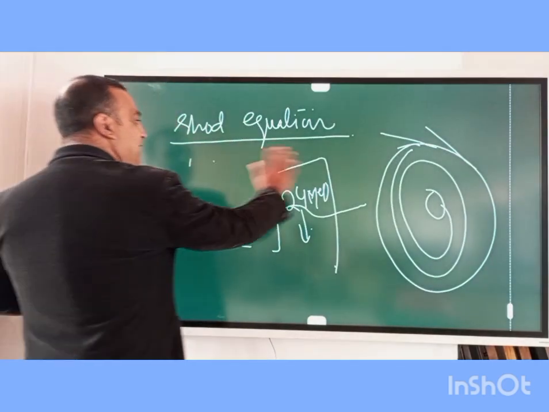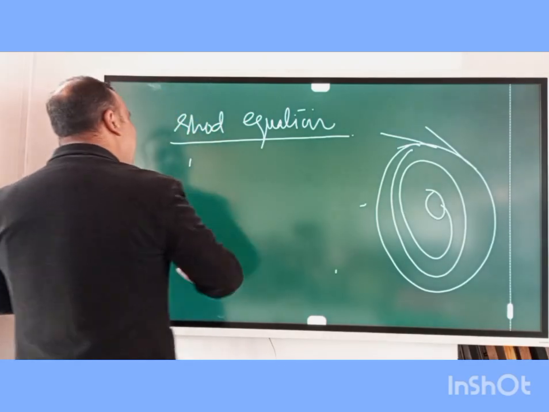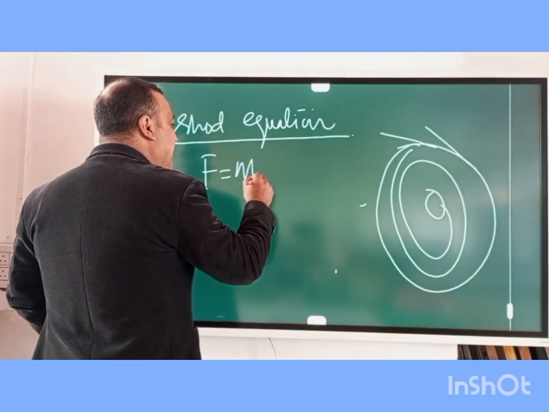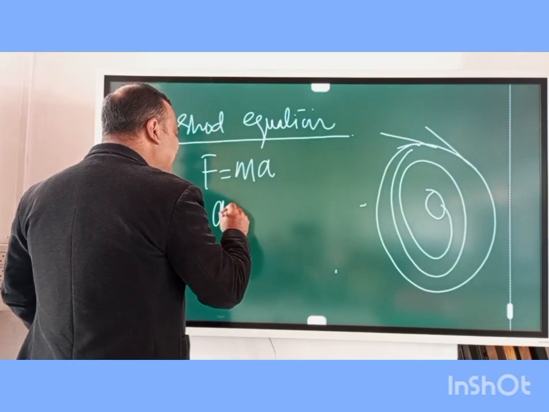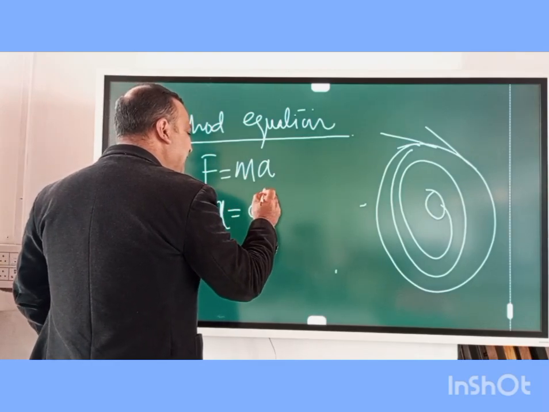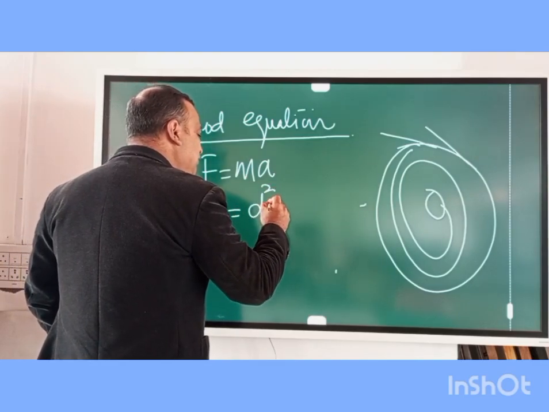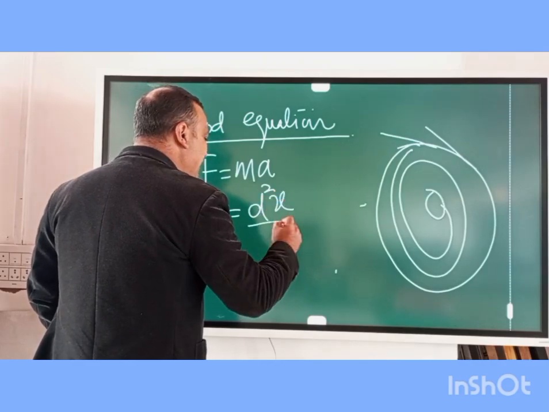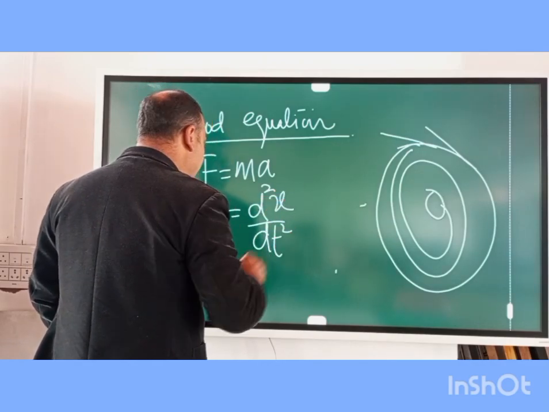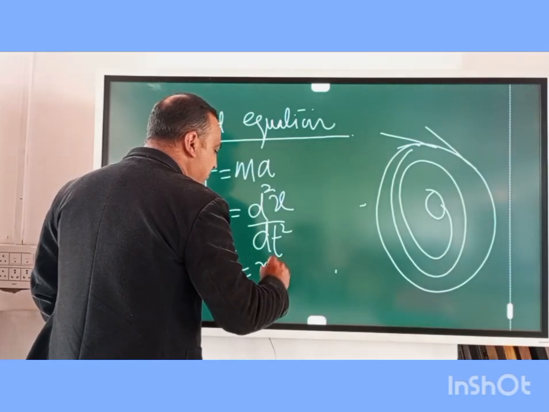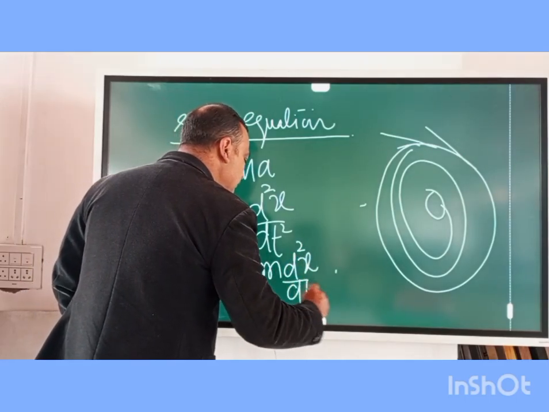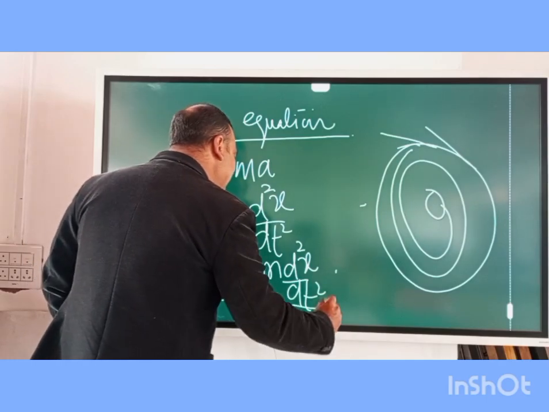F equals ma, where a is your acceleration. In one dimension, a is d2x by dt2, so F is m d2x by dt2.